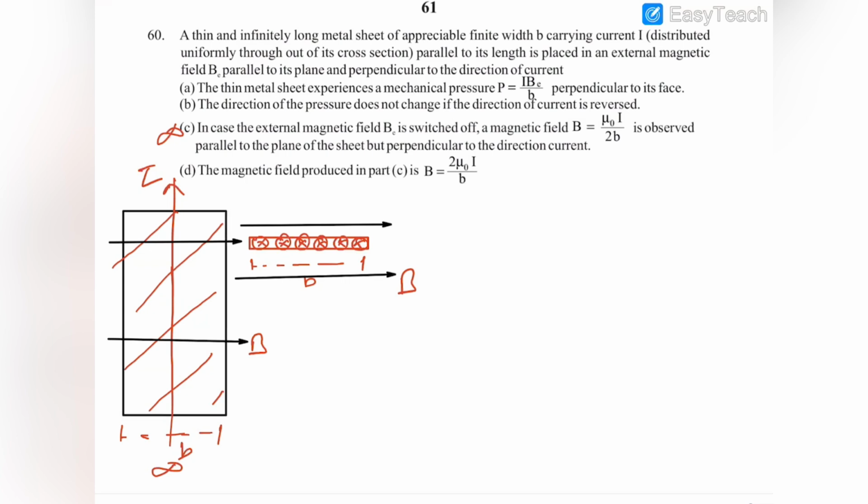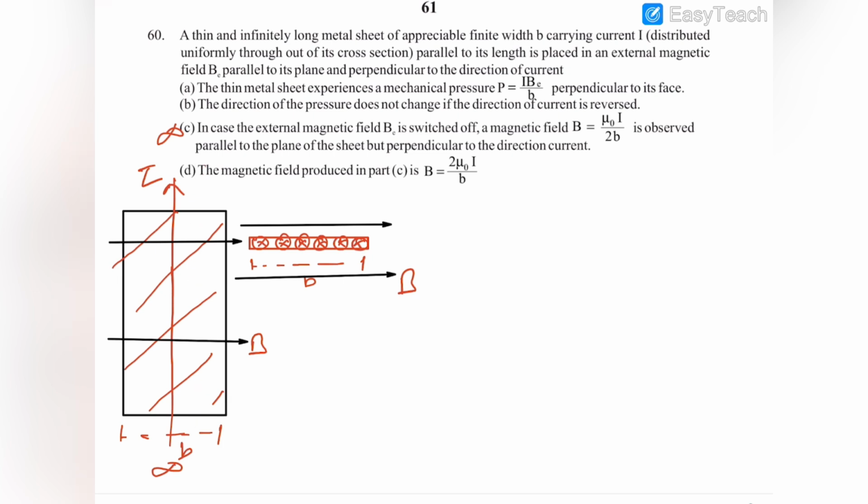In this question, there is a thin, infinitely long metal sheet. Its length in this direction is infinity, and its breadth is b. This is the front view of the metal sheet, and current is flowing like that.